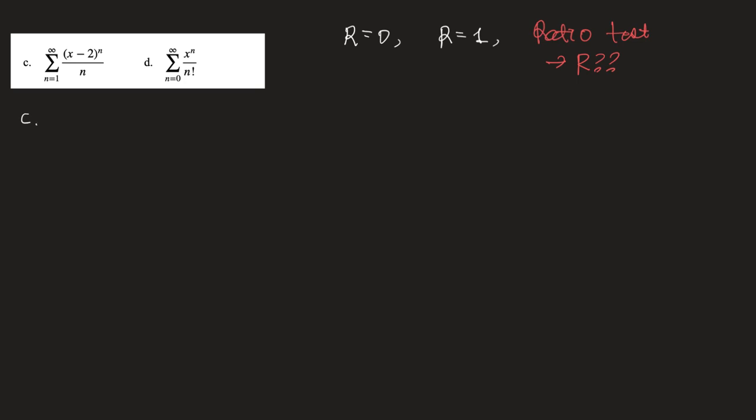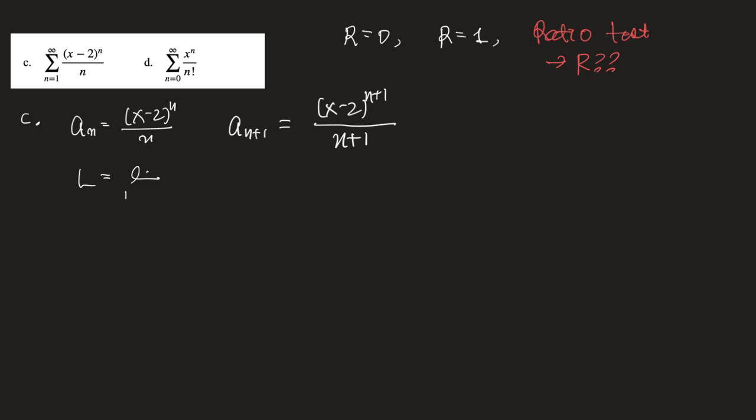First, a_n is the whole thing, then a_(n+1) is (x minus 2)^(n+1) over n+1. We're going to use L'Hopital's rule. I'm sorry, the ratio test. L is the limit as n approaches infinity of |a_(n+1)/a_n|, which is (x minus 2)^(n+1) over n+1 times n over (x minus 2)^n.